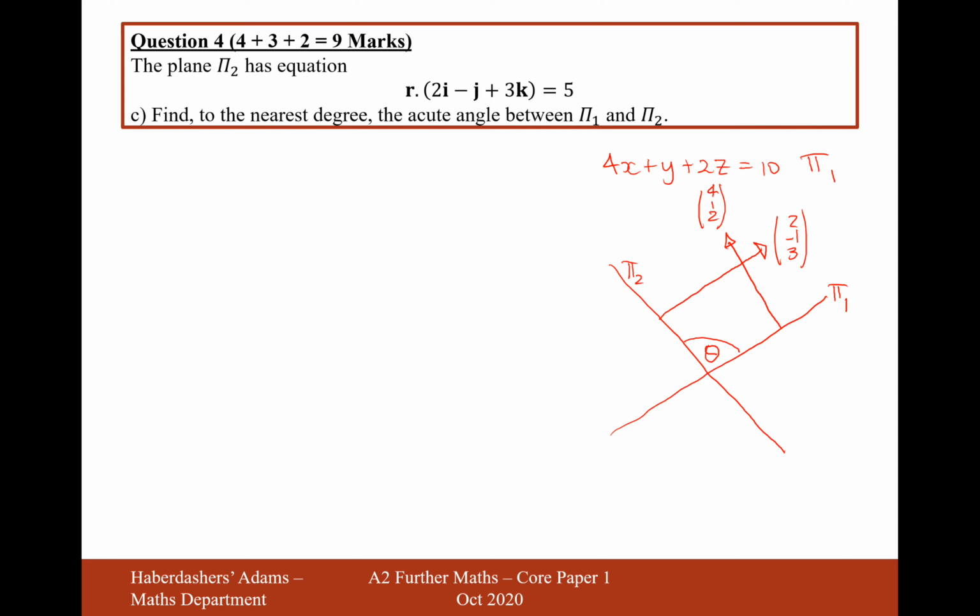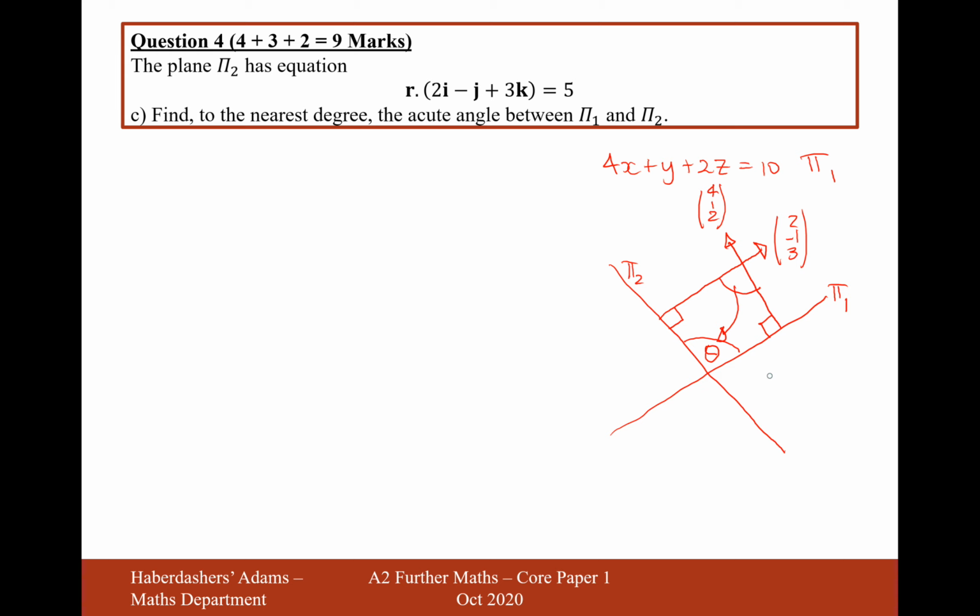And what we can therefore do is work out the angle between these two planes. Know that there's two right angles here, so since there's 360 inside a quadrilateral and we've got two right angles, take away 180. So there's 180 left between these two angles here. So work out this angle here, and then work out this angle down here afterwards.